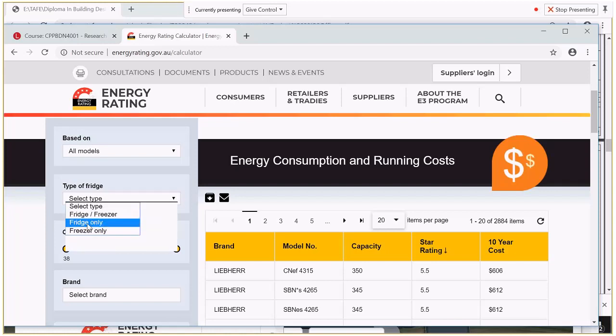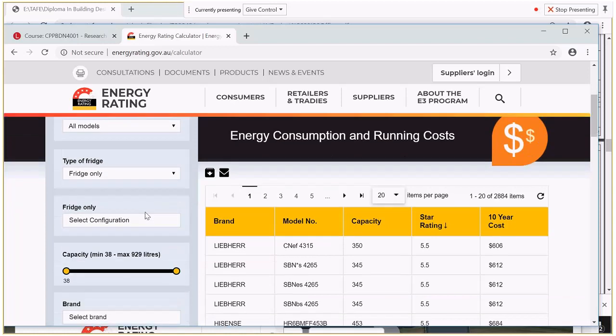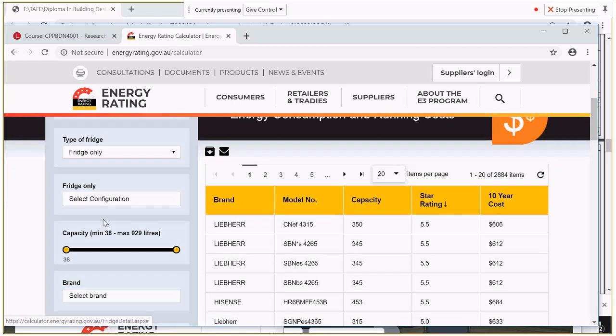We'll go fridge only. We can select configuration or not. It's not a requirement for the assignment. But what we want to do is narrow down our range of capacity, because we need approximately a 500 litre fridge.